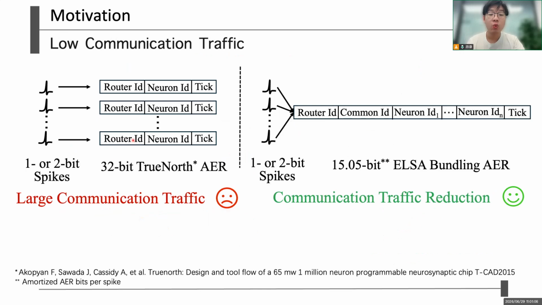However, each 1-bit spike is encoded as a 32-bit AER packet, including router ID, neuron ID, and tick ID, which can introduce up to 32 times communication overhead on the NoC. This limits the throughput of the elastic inference in neuromorphic hardware. Therefore, a compact AER is needed to reduce the communication traffic.